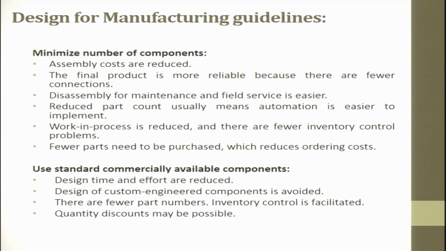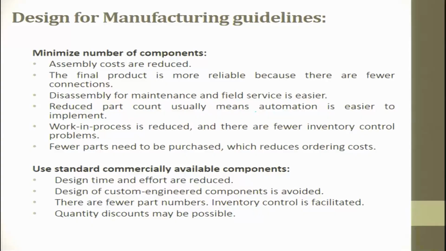So, minimizing the number of components or parts. Once you minimize, the assembly cost is reduced, and the final product is more reliable. If you have more parts, the wear and tear of each part has an influence on the output. So, the final product is more reliable because there are fewer connections. Disassembly for maintenance and field services is easy if the number of parts is reduced.